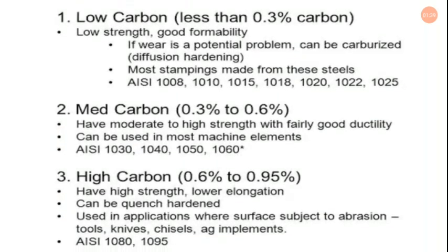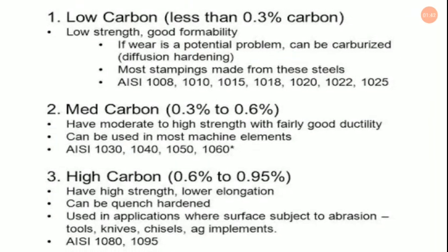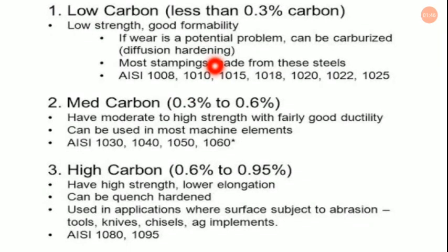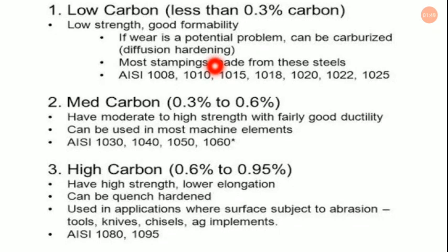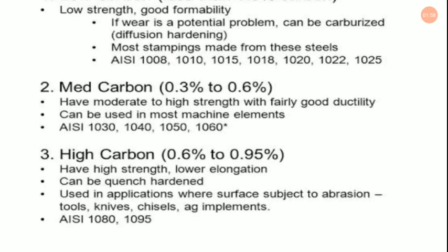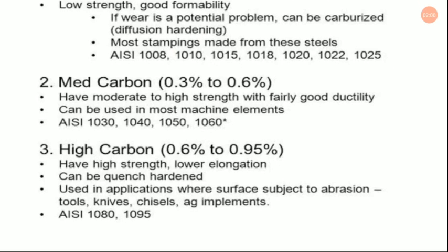In plain carbon steels we have previously discussed that we have got three types of carbon. The low carbon, that is less than 0.3% carbon, has low strength and good formability. If wear is a potential problem, it can be carburized, that is diffusion hardening. Most stampings are made from these steels: AISI 1008, 1010, 1015, 1018, 1020, 1022, 1025.